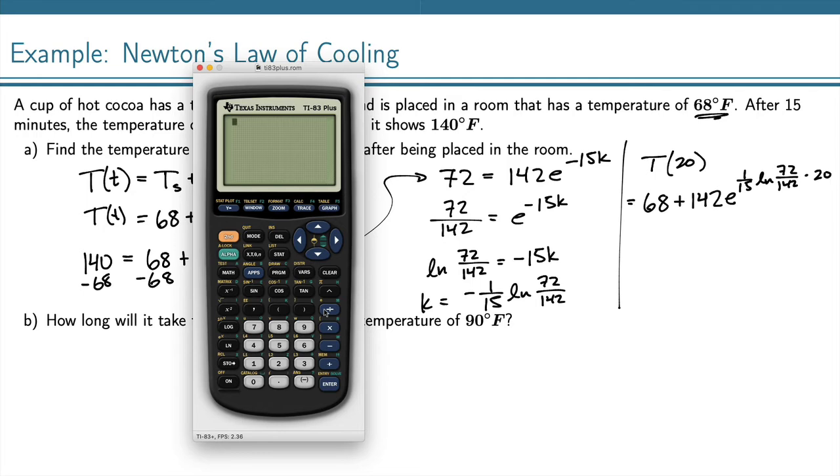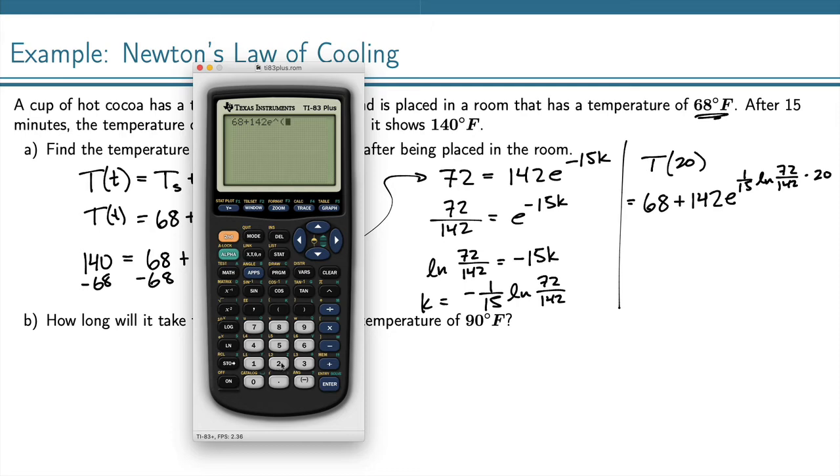So we can go ahead and plug this into our calculator. You want to be very careful because there's a lot of stuff going on here. So use parentheses. Don't be afraid of them. 68 plus 142 e raised to the, then we've got all that stuff. It's already in parentheses here.